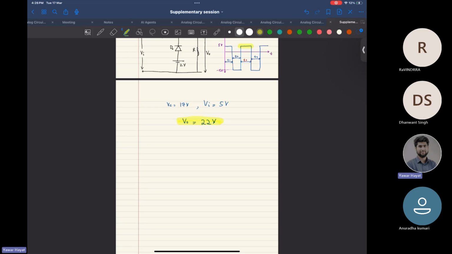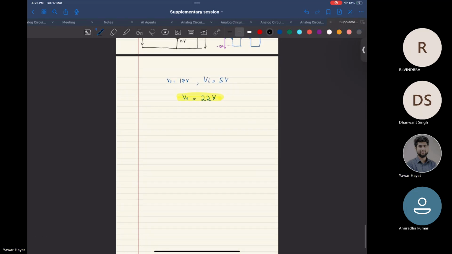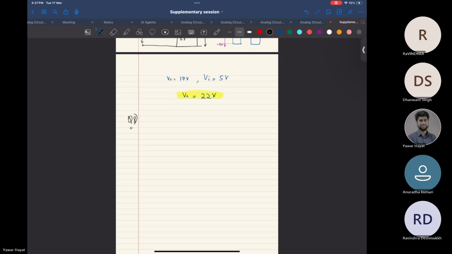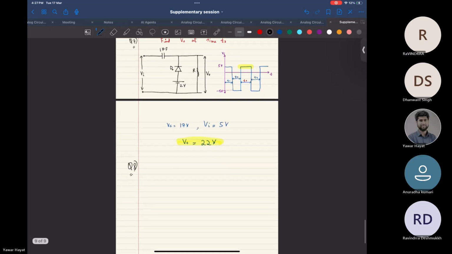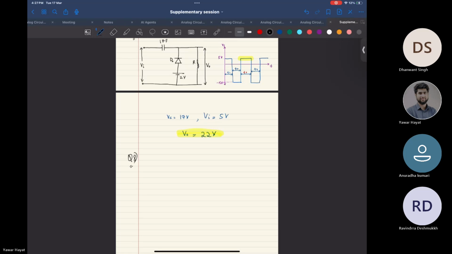Then we have the 8th. For question number 8, I have the same diagram. Find V output at time T4.